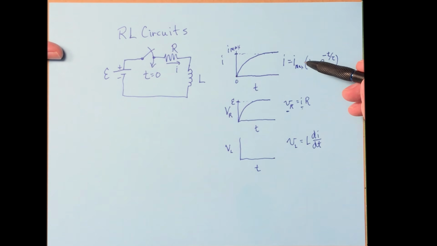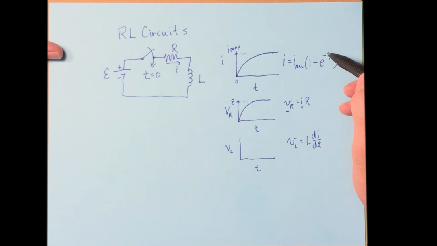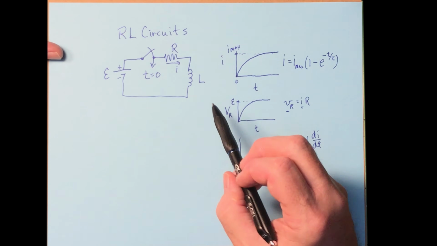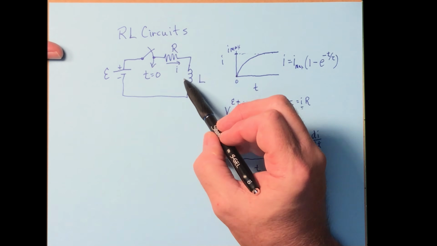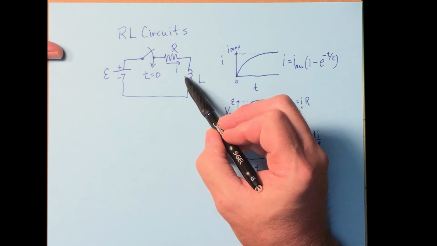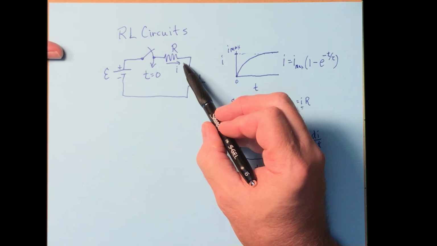And if you think through what the first derivative is, one term goes away, and we're left with an exponential term. The derivative of an exponential is an exponential. So the voltage is going to be a decaying exponential. Now, let's think that through. At the very beginning, the inductor creates a back EMF, and that back EMF opposes the current coming through.